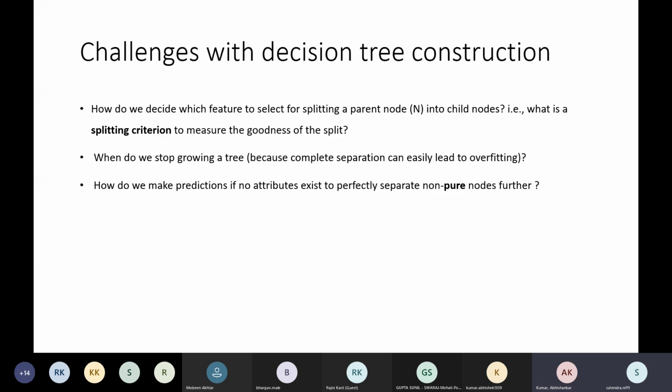If we have three or four, more than two, then the tree will be wider. Okay, any more tries? Mathematically we will see exactly which feature we will take to split on and what the splitting criteria is.